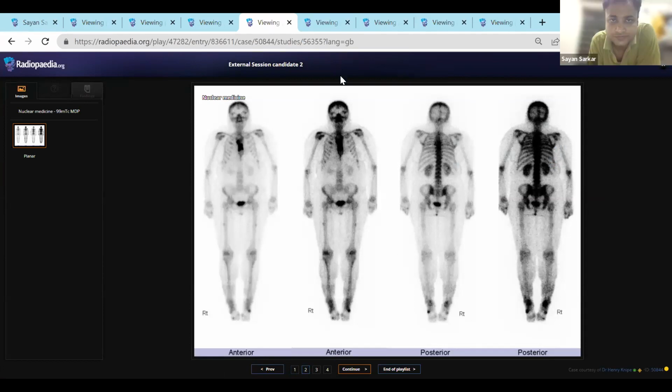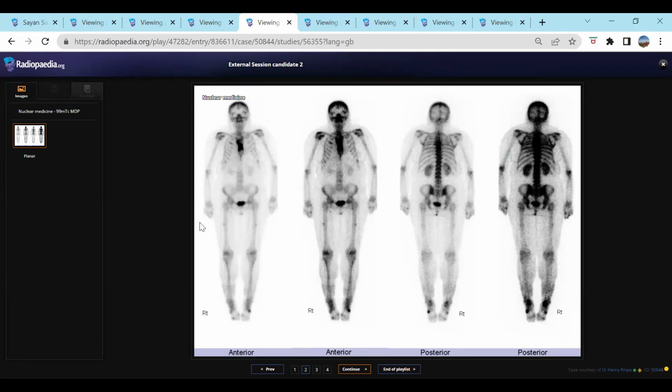So I can see a few well-rounded areas of increased uptake in the ribs, more obvious in the right-sided ribs. And there is also increased linear uptake in the bilateral tibial region. The joints are probably related to osteoarthritis.